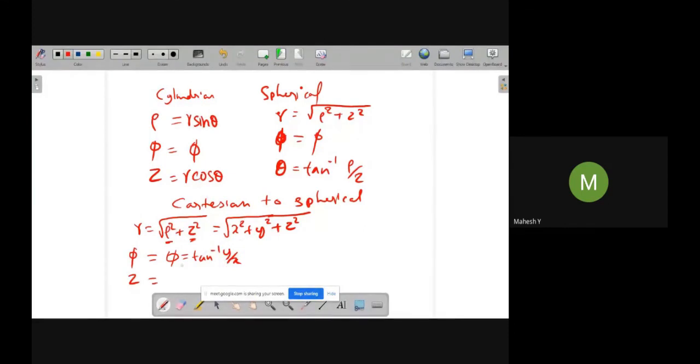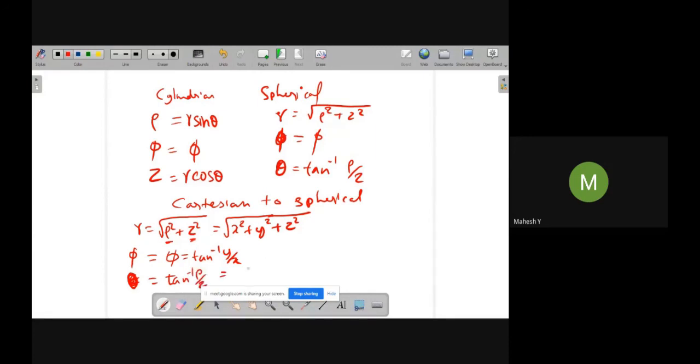Sorry, what is theta here? Theta is equal to, from spherical to cylindrical if we convert, tan inverse rho by z.